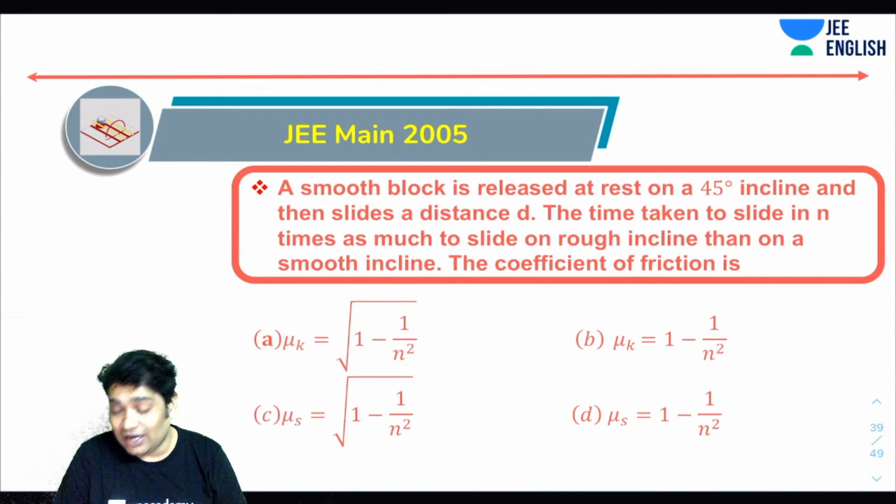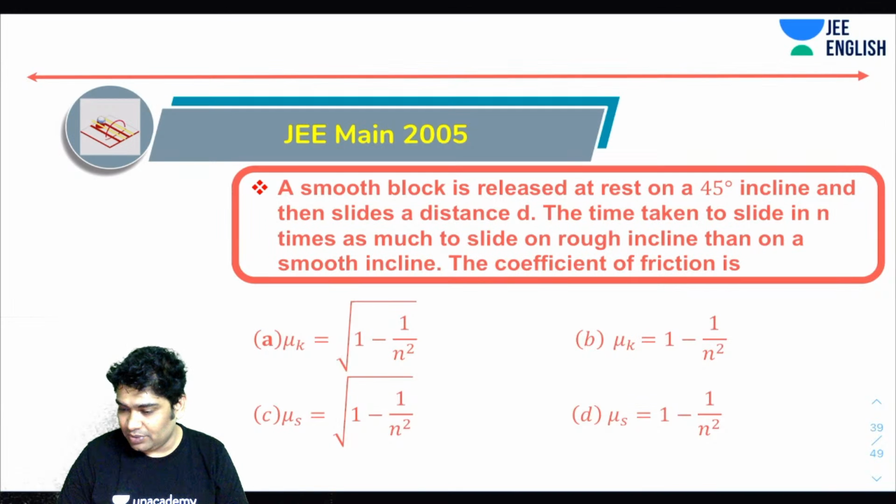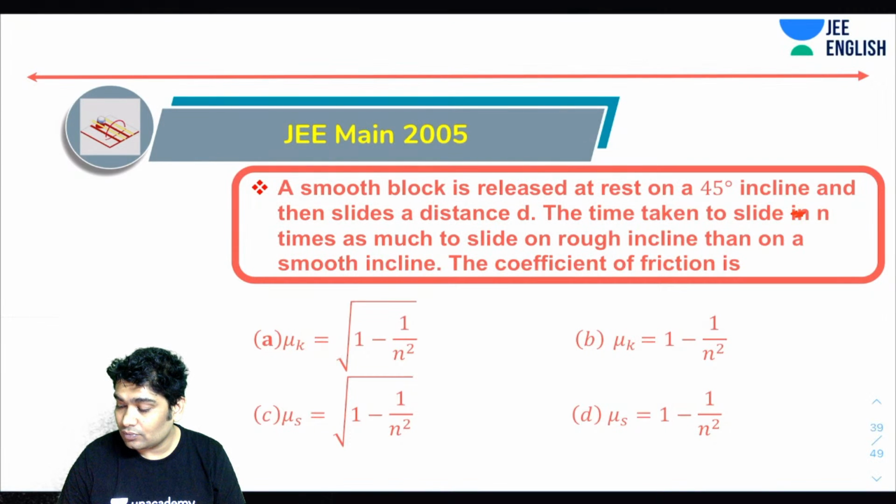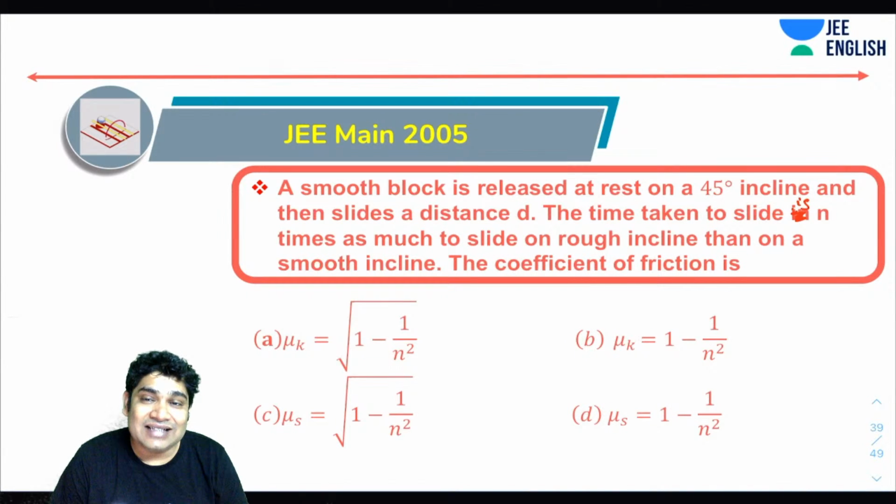Let's try and go over the question one more time. This says a smooth block is released from rest on a 45-degree incline and then slides a distance d. The time taken to slide is n times as much on a rough incline as on a smooth incline, and then find the coefficient of friction.